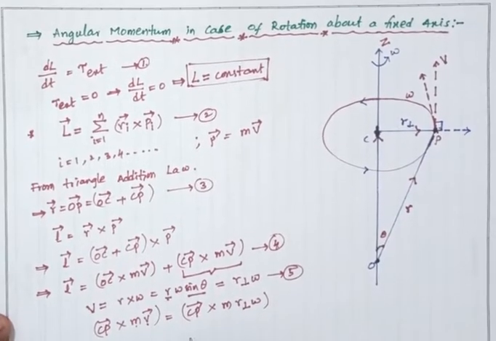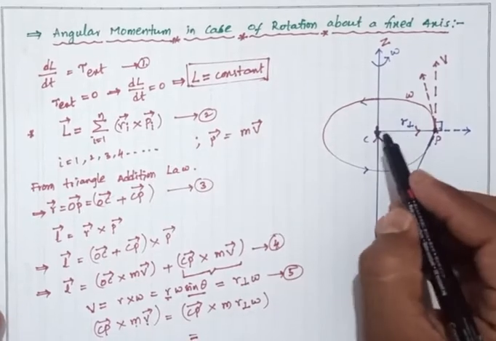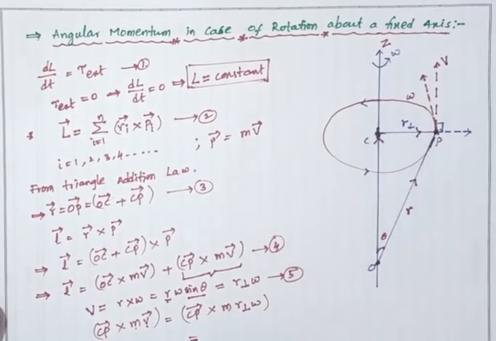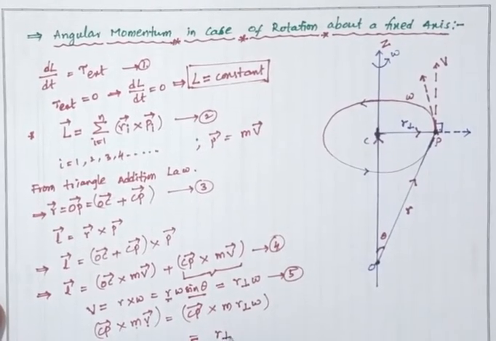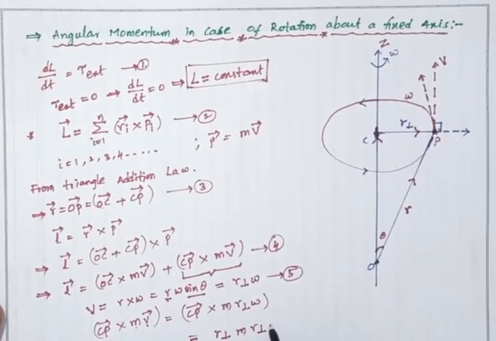Next, so what about CP? CP equals R perpendicular, so R perpendicular m R perpendicular omega.